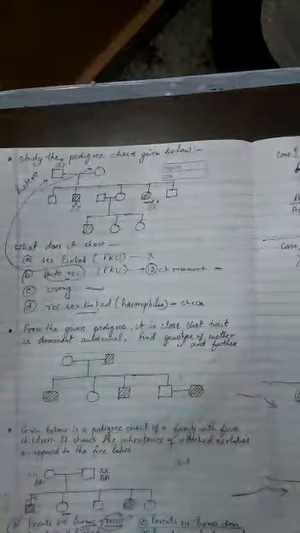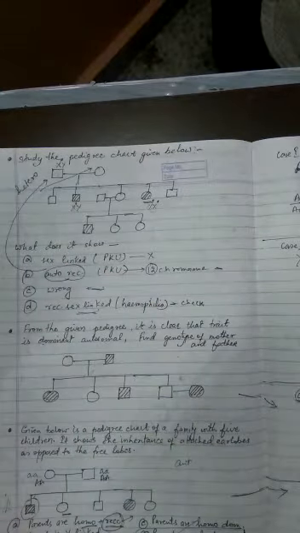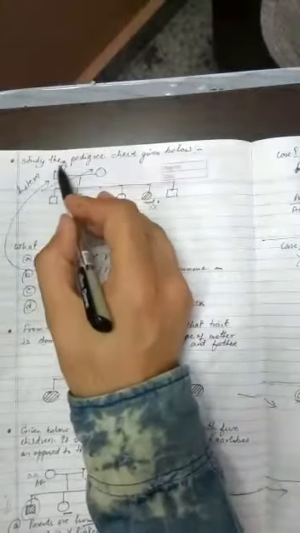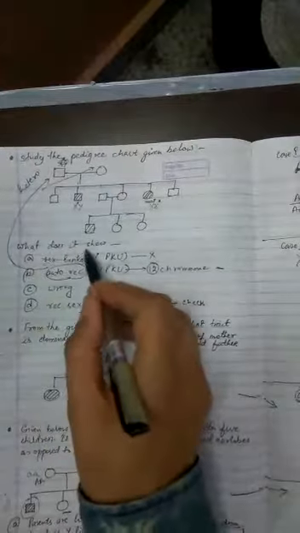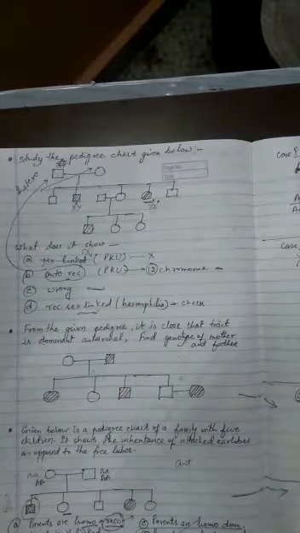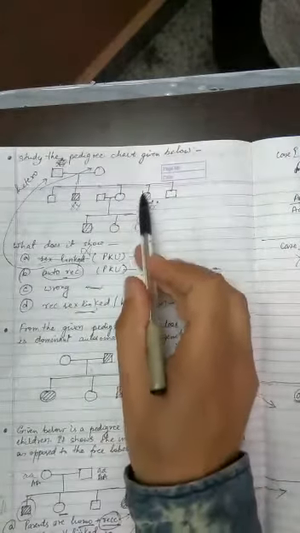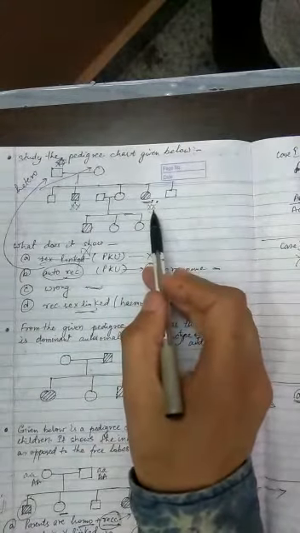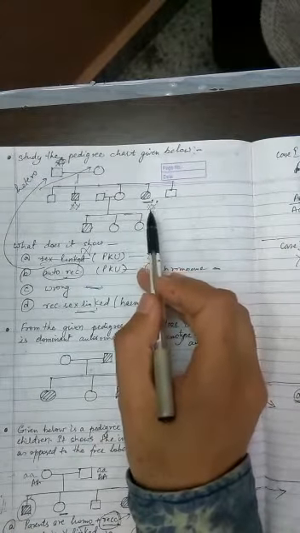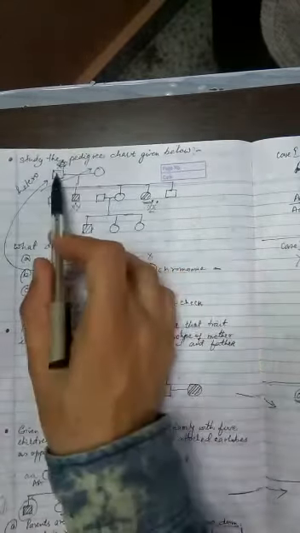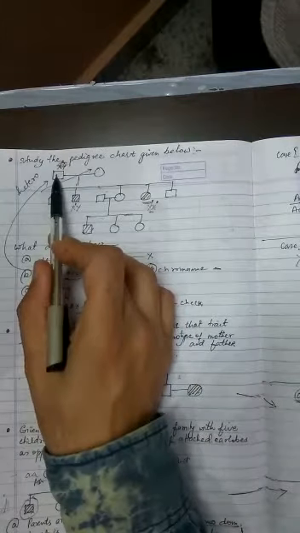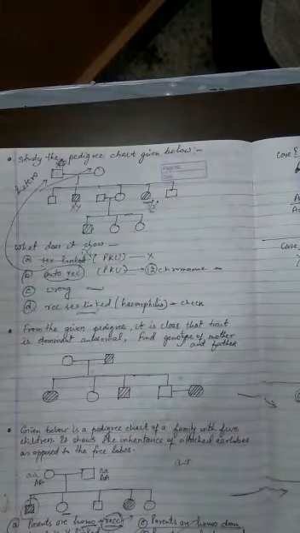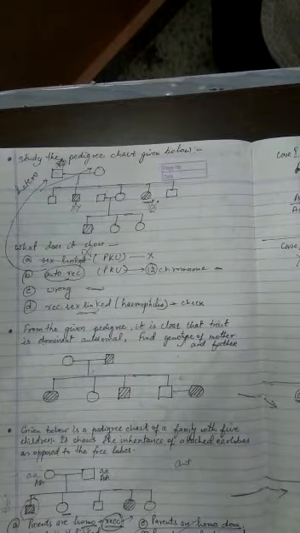But the question says that the father is normal. That means this character is not sex-linked. Because if it was sex-linked, and if this is a lady who has got the sex-linked character in homozygous situation, then one of the X naught is coming from the father, but here the question says father is not showing the symptom. That means this is not a sex-linked character.